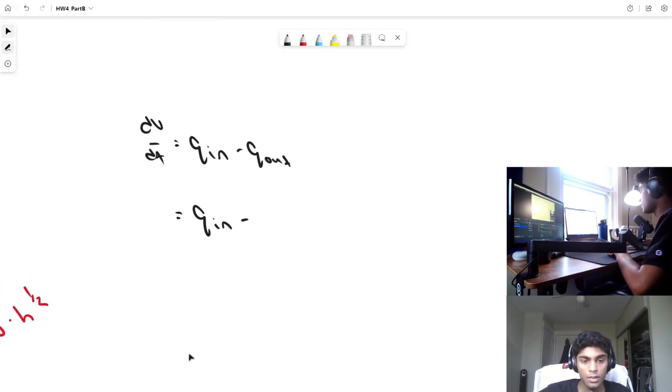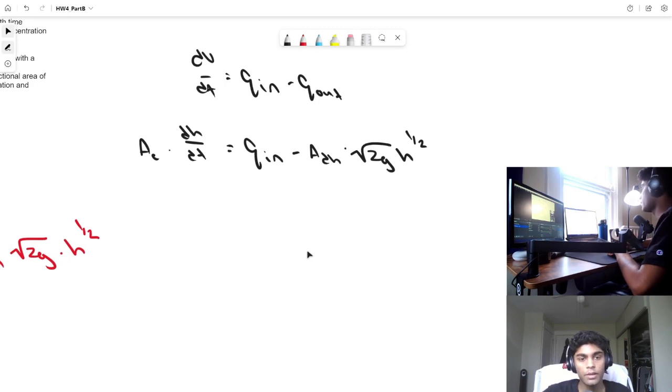So let's go ahead and use that. A of the drainage hole times square root of 2g height to the 1/2. That's going to be our Q out. And we can rewrite our dV/dt as the cross-sectional area times dH/dt. And we'll divide by the cross-sectional area on both sides.